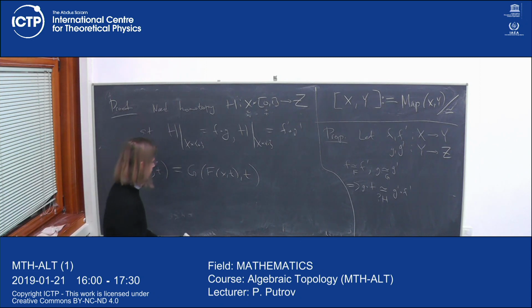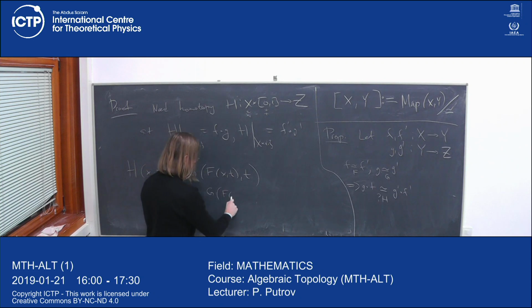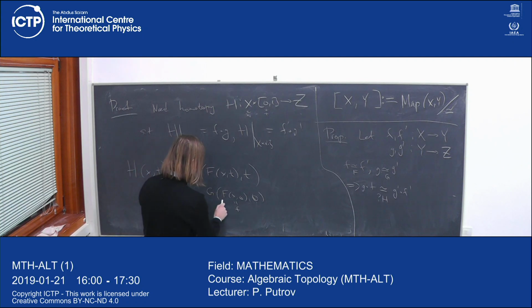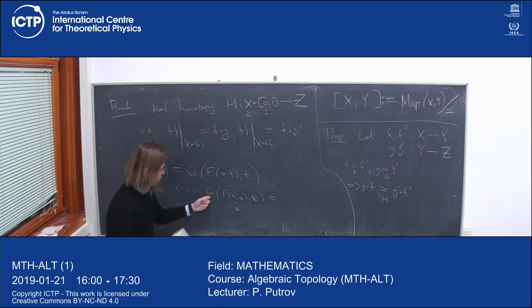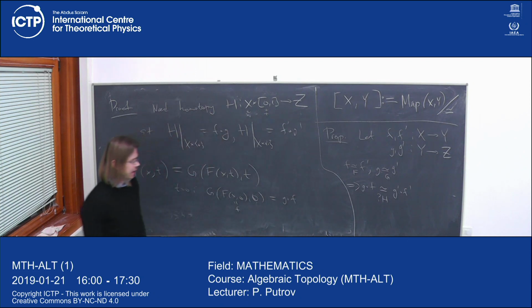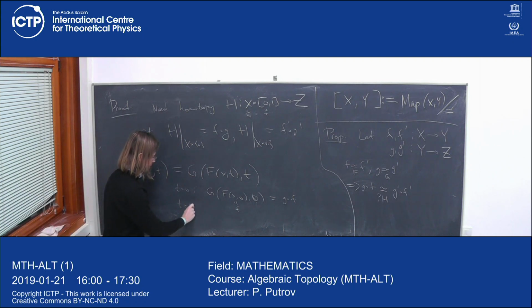So let us see what happens when t equals 0. We get G of F of x, 0, and 0. We know this is f, and we know that when the second argument of G is 0, we get g. So this is indeed the composition of g and f. And the same thing for t equals 1.